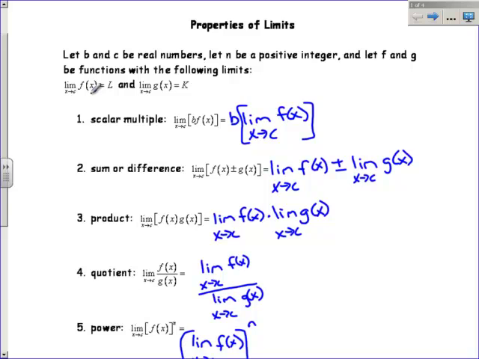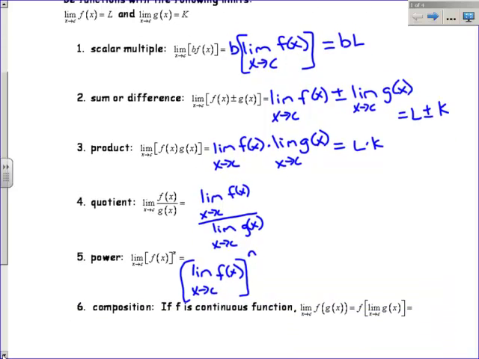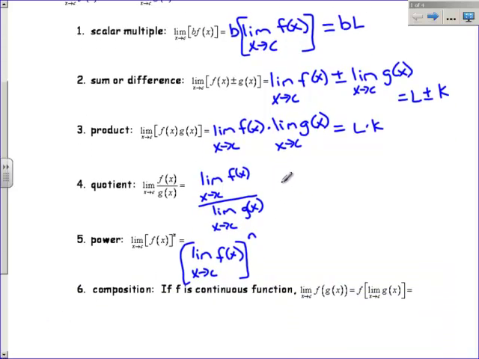I've got the limit of f is L and the limit of g is k. So in this first example, this would work out to be b times L, whatever that number was. And number 2, this would work out to be L plus or minus k. On the product, this would be L times k. On the quotient, this would be L divided by k.